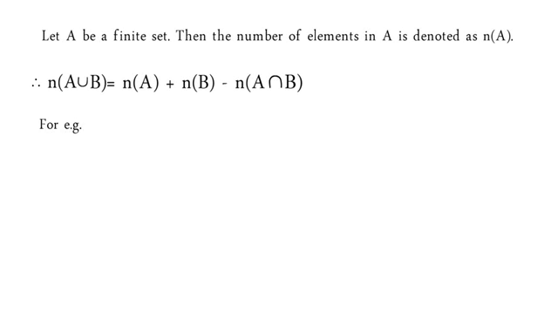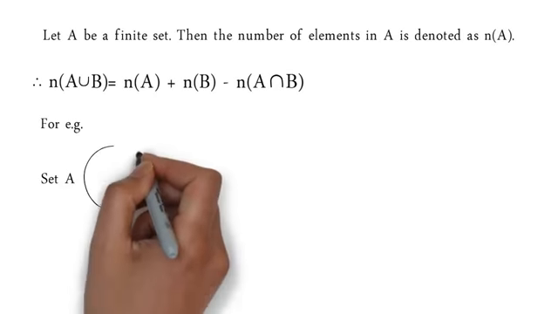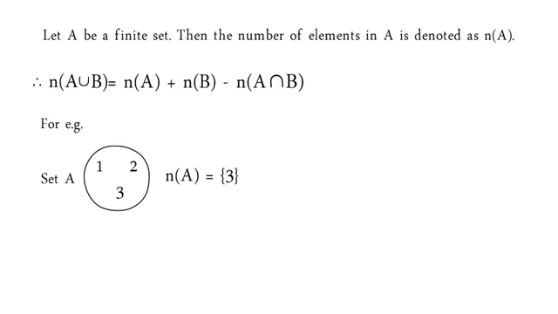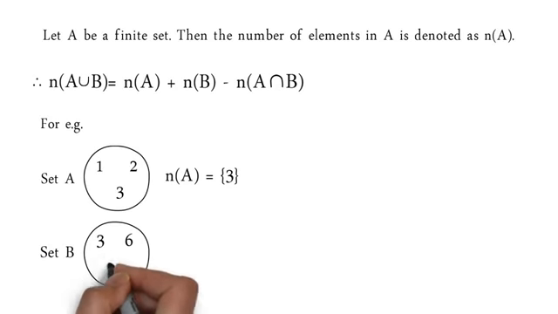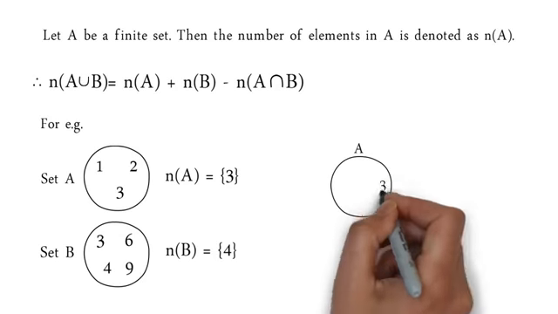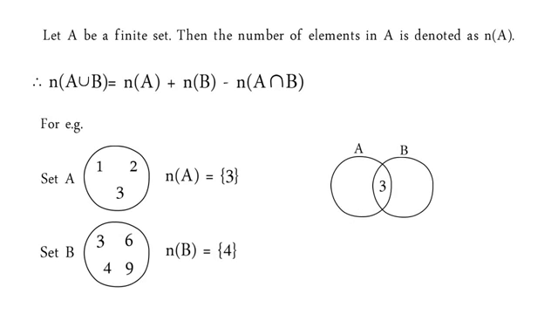For example, in set A the number of elements is 3, and in set B the number of elements is 4. Therefore, here the number of elements in A intersection B is equal to 1.